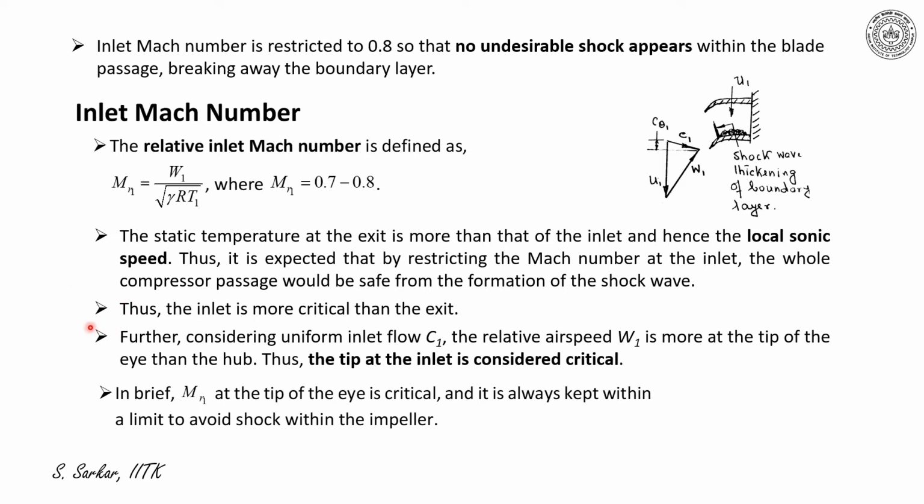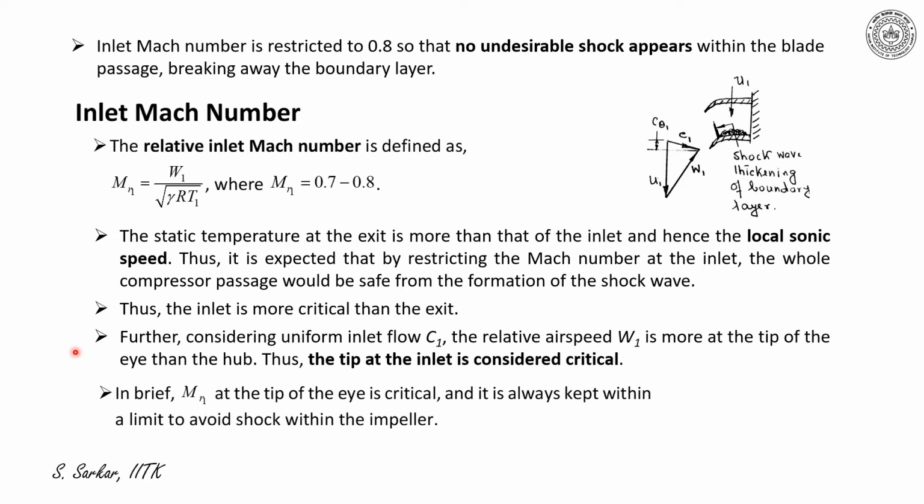Thus, the inlet is more critical than the exit section of the impeller. Furthermore, considering the uniform inlet flow C1, the relative velocity W1 is more at the tip of the eye of the impeller than that of the hub.